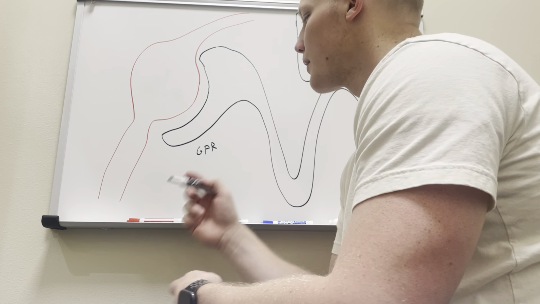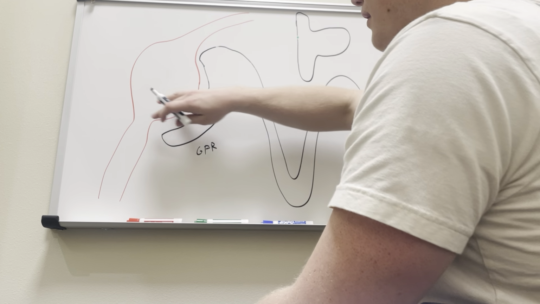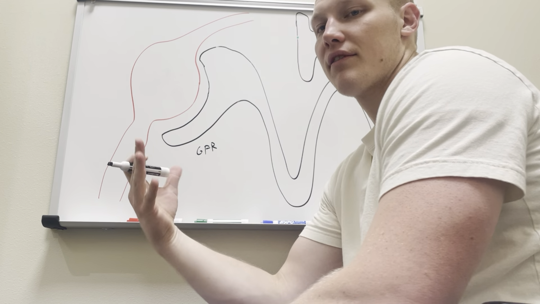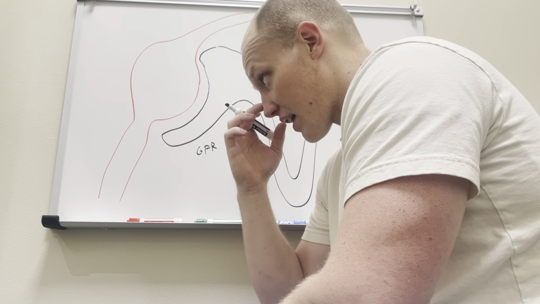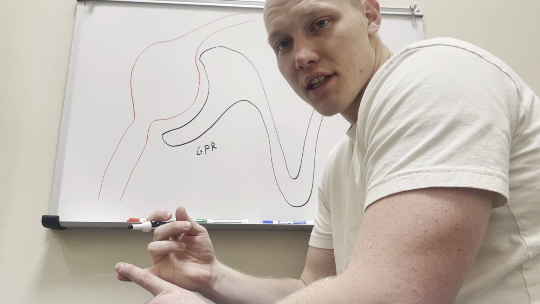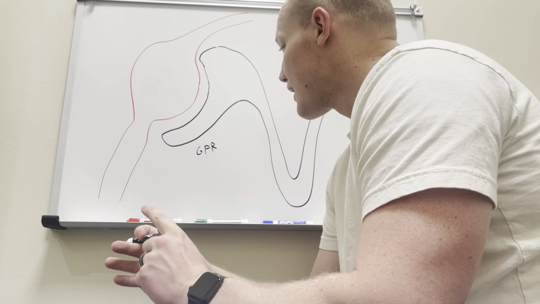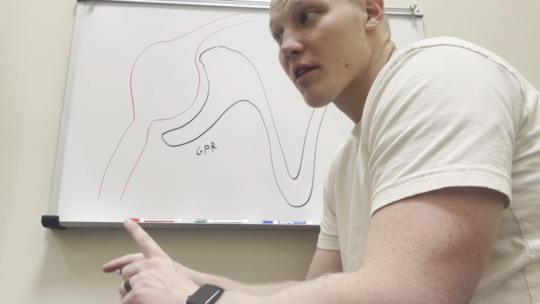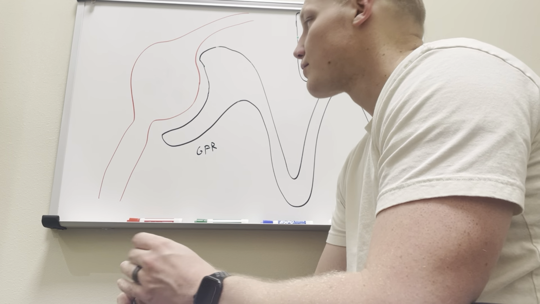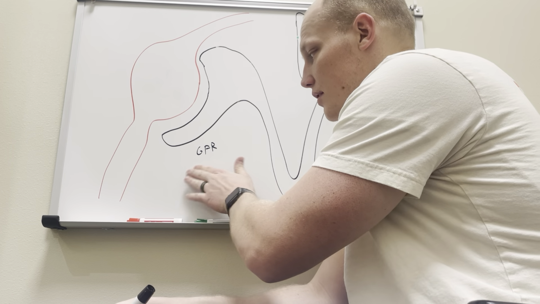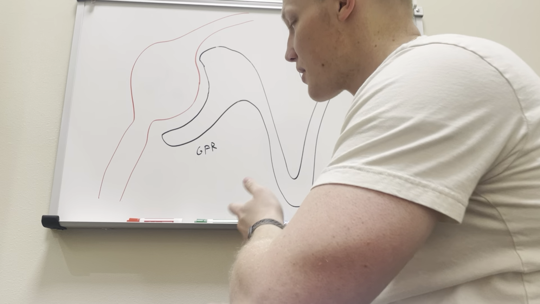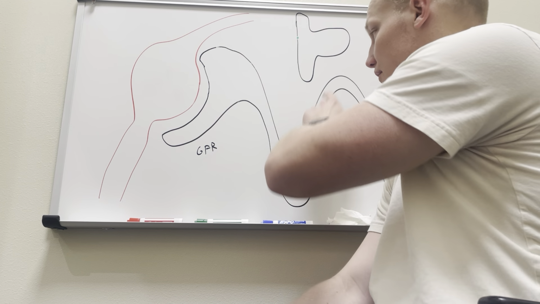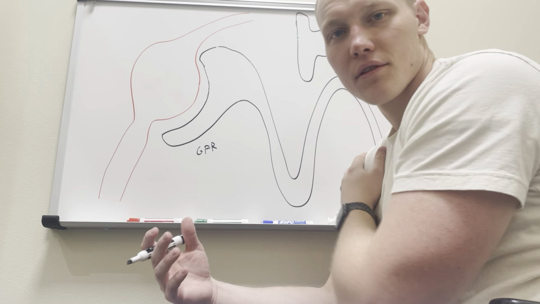We can use this to measure the rate of something filtering through the glomerulus into the nephron, but only if it matches certain criteria. That criteria is it can't be secreted, it can't be reabsorbed, and it can't be metabolized or created in the body. There are very few molecules that can actually give us a solid GFR, because it has to be filtered, and then nothing happens to it as it comes through the nephron down into the collecting duct and out through the urine.